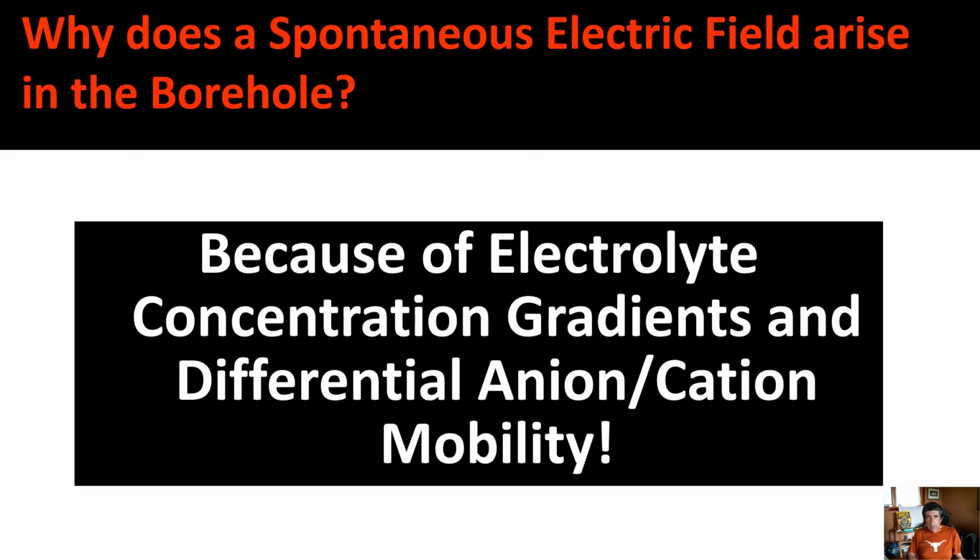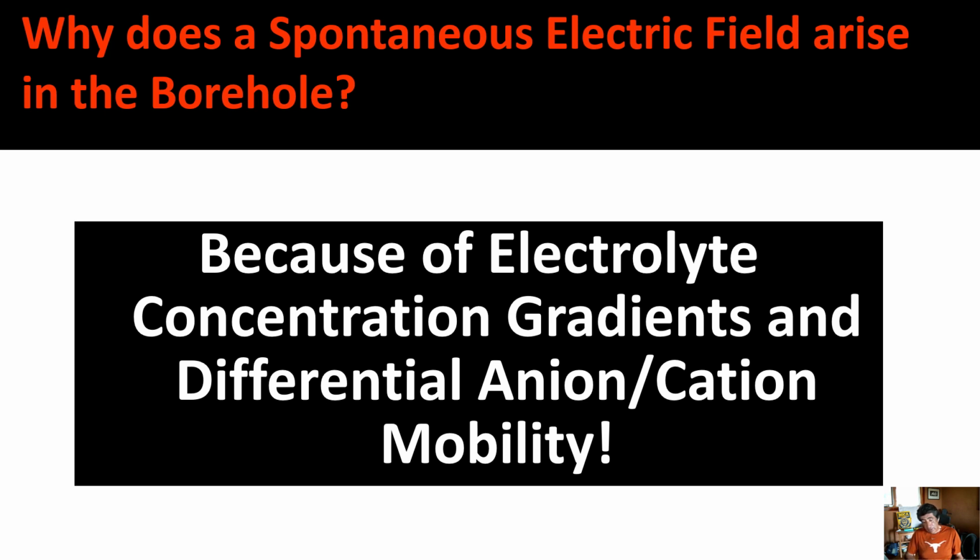Now, why is it that we have this spontaneous electric field, DC electric field in the borehole? Why does it happen? This is actually a very interesting question. So we have to understand what is the physics behind. And there are two reasons. One is that we have a concentration gradient, an electrolyte concentration gradient between the mud and formation water.